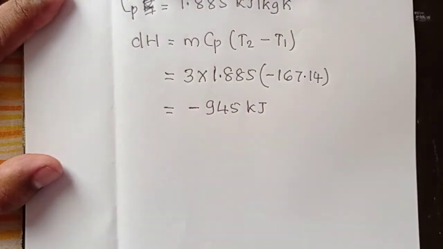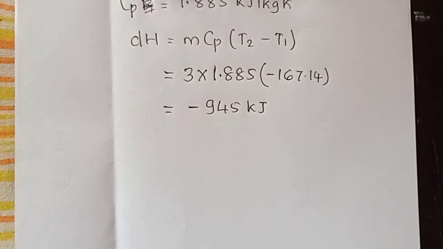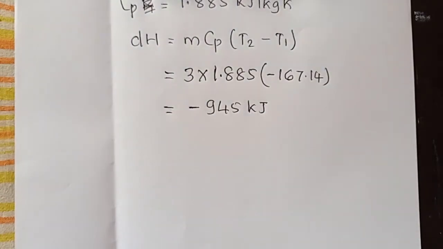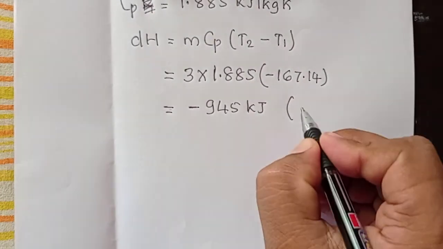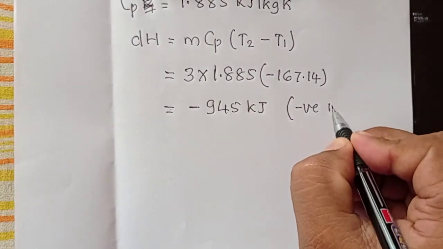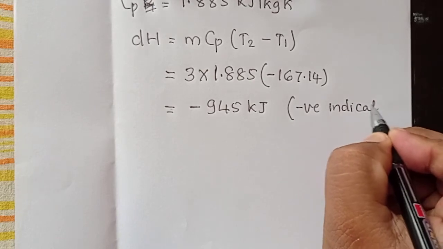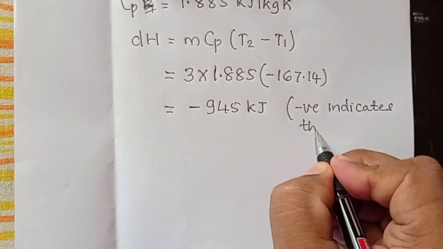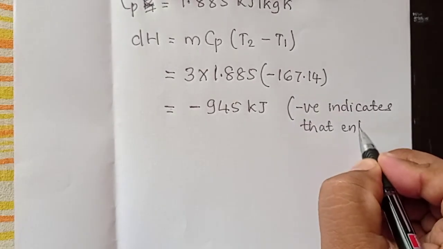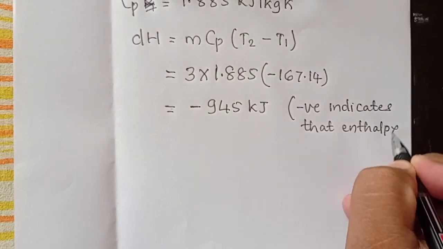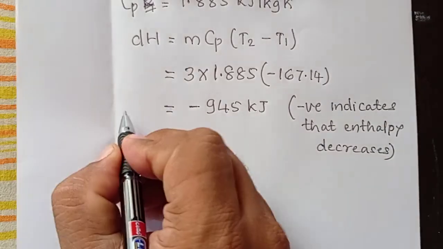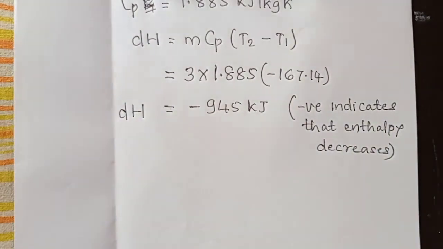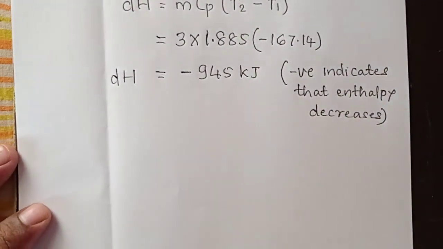That is minus 945 kilojoules. Why are we writing negative? Because the negative sign indicates that enthalpy decreases.